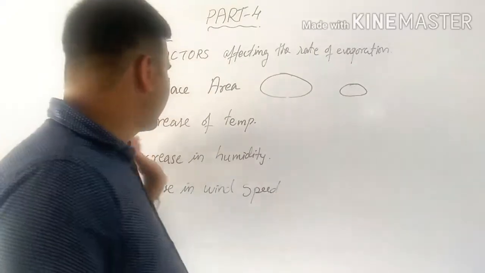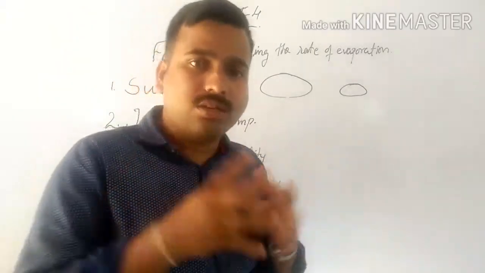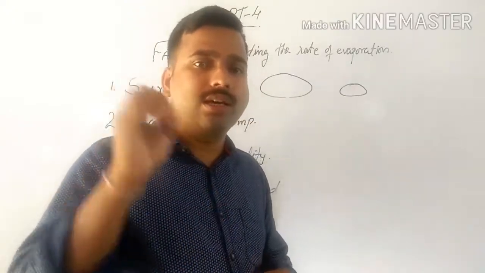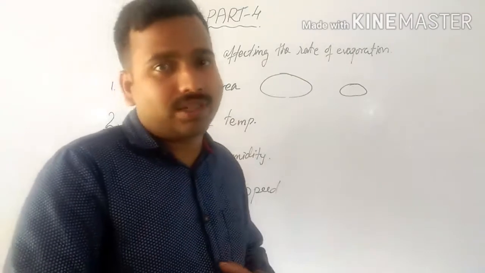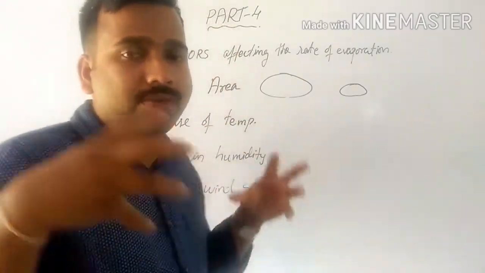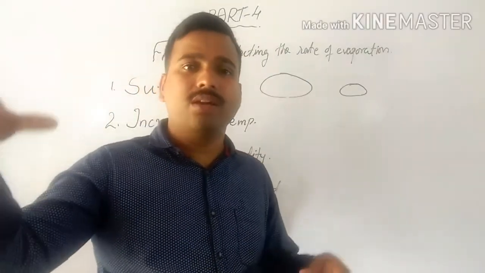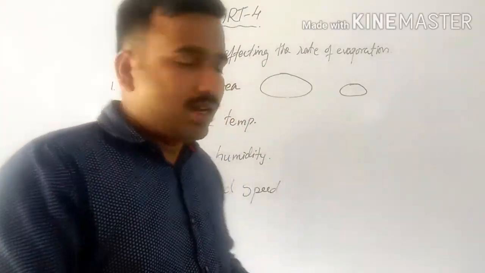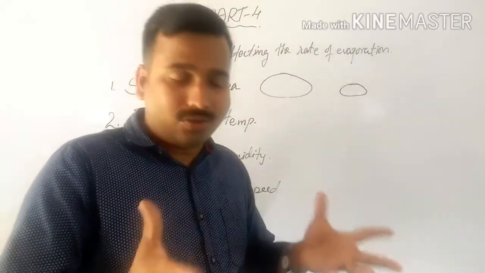And the next one, decrease in humidity. What do you mean by humidity? Humidity is the presence of water vapor in the atmosphere. The amount of water vapor present in the atmosphere is known as humidity. Suppose there is high humidity during the rainy season. Water vapor will already be present in the atmosphere, so the rate of evaporation will decrease.